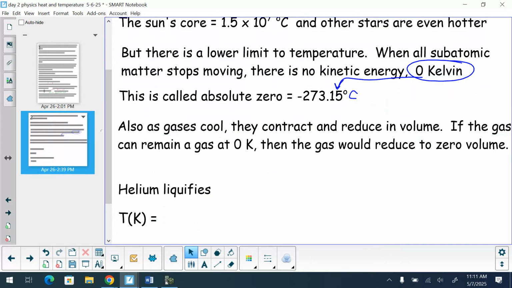Gases, vapors go into liquid, and they go into a solid. So that is the dominoes that fall there. If you're able to keep a gas and take it down to 0 Kelvin, what will happen is the volume of the gas will reduce down to nothing. There will be no volume there.